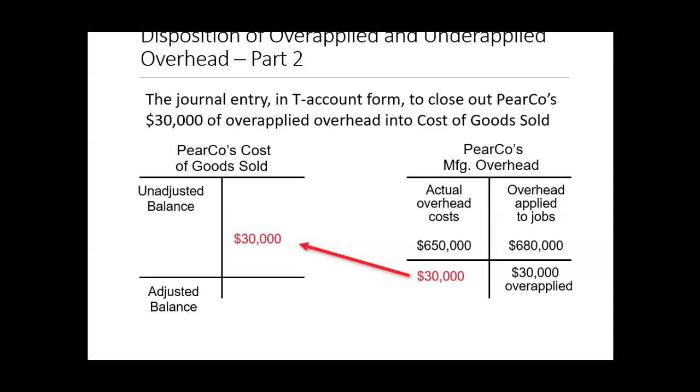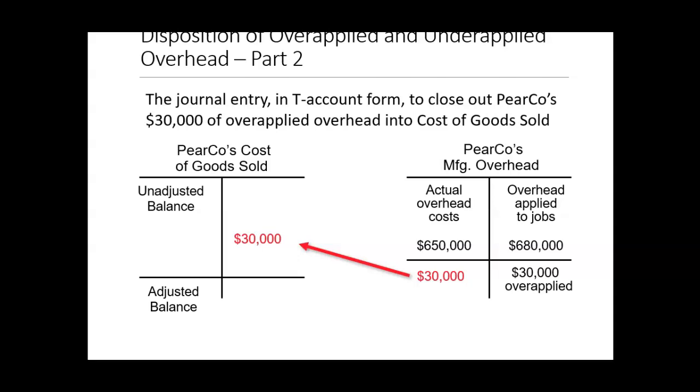So to make the adjustment, we're going to record it on the left-hand side of the overhead account, so now that this account zeroes out, and we're going to record it on the right-hand side of the cost of goods sold account to decrease that amount. Because before adjustment, this account was overstated because we applied more overhead to the account than what actually took place.